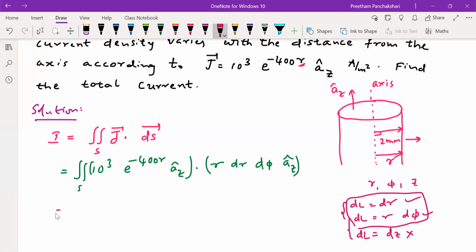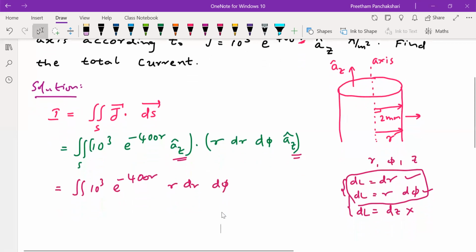So now we get the dot product: 10^3 e power minus 400 r a_z dot a_z is 1, into r dr d phi.